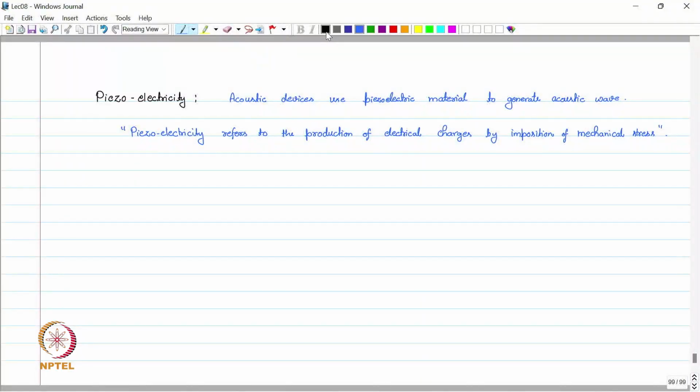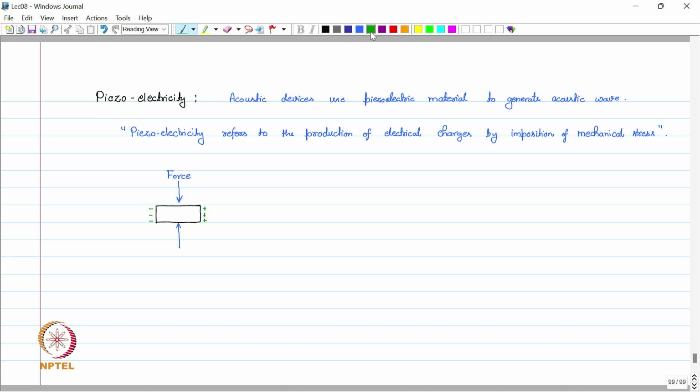In a diagram, we have a piezoelectric material and we apply a force from top and bottom, and then it develops electrical charges across it. For example, positive is coming this way and negative this way.